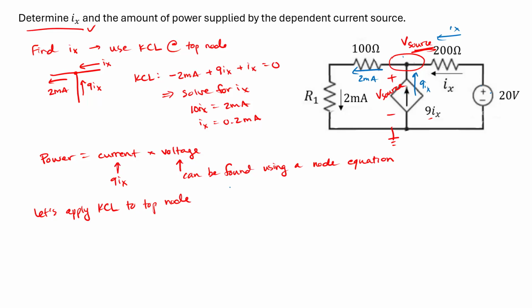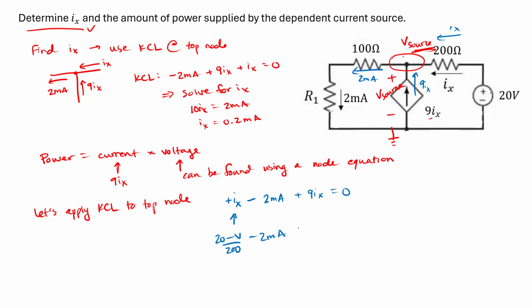So essentially we will get the following equation. We have plus Ix minus 2 milliamps plus 9Ix equals 0. But Ix in terms of our unknown voltage will be (20 minus V) over 200. And then we can plug in 2 milliamps.